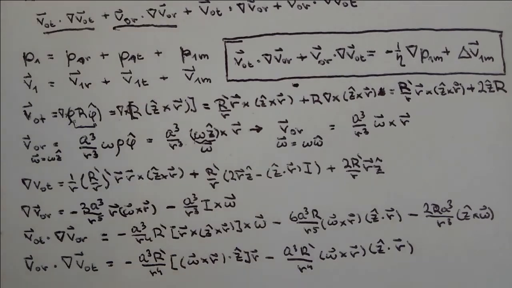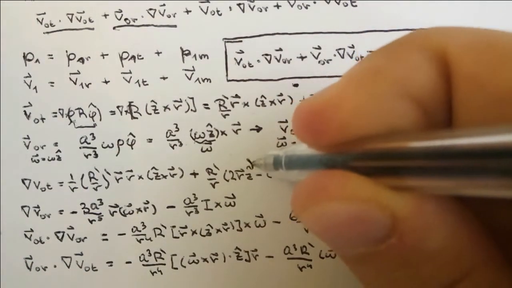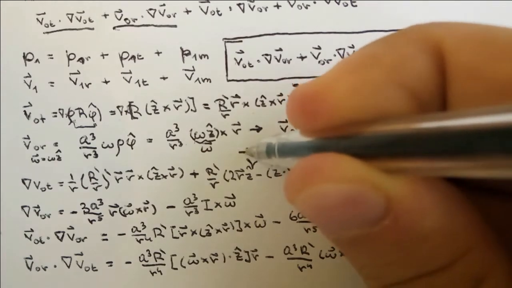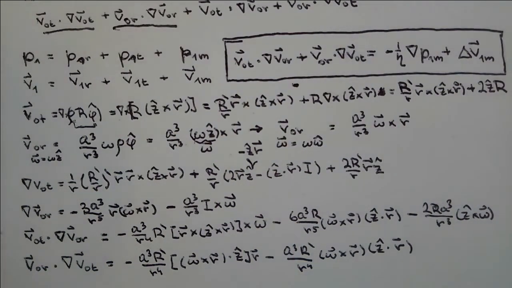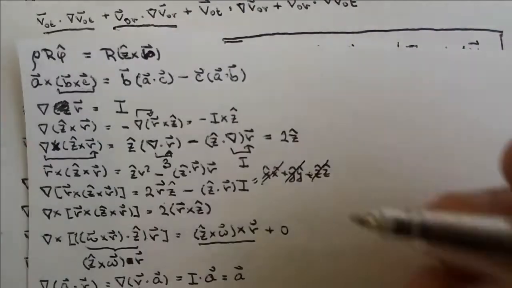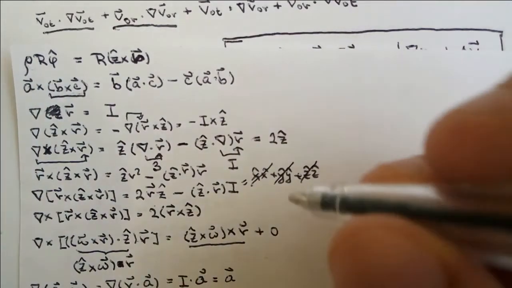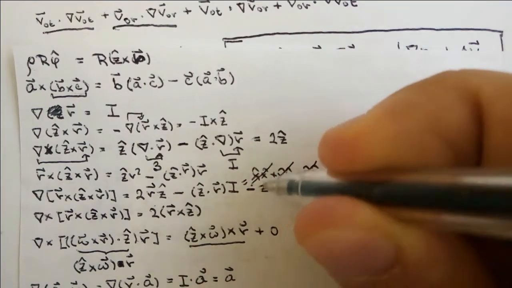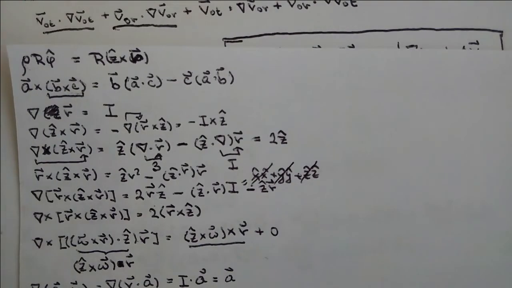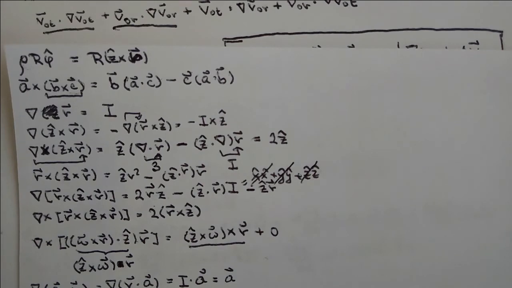Well, I'm sorry, I've made a mistake because there is a missing term. There should be minus z hat times r hat, because this derivation is not correct. There is an additional term minus z and r vector.